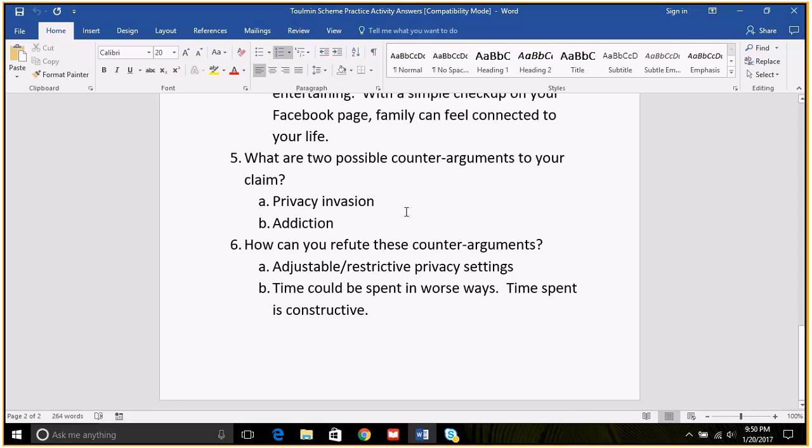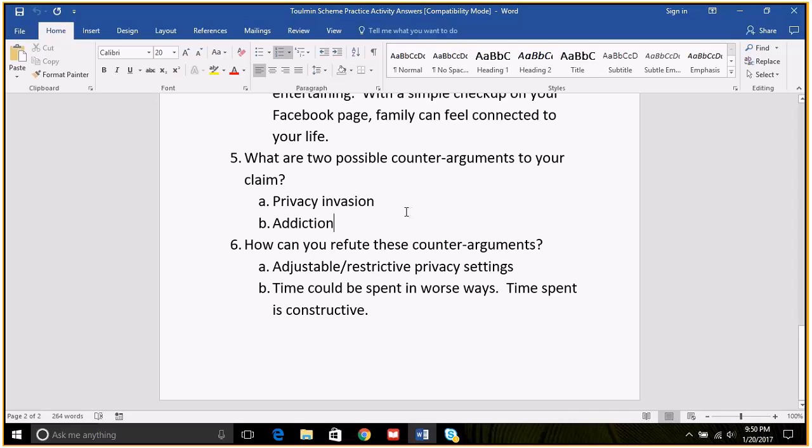Other people may argue another counter argument about the benefit of Facebook, saying that it's addictive, that it leads to addictive updates and addictive checking to see what other people have updated and stuff like that. And I think that both of these are valid. Like, I don't think the people who believe this are stupid by any means. These are ideas that there's examples that justify it and things like that.